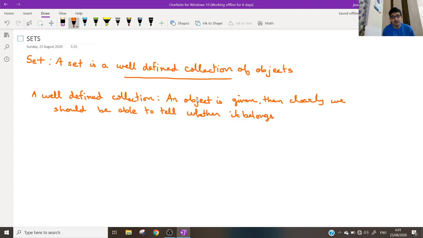Such collections, where we can say whether an object belongs to it or not, are known as well-defined collections.